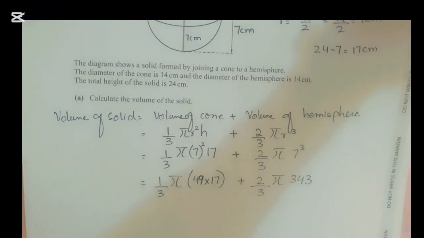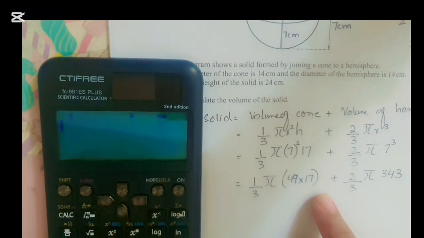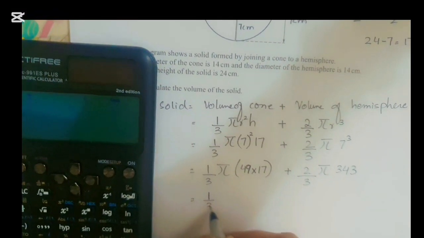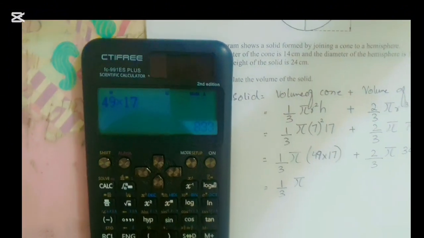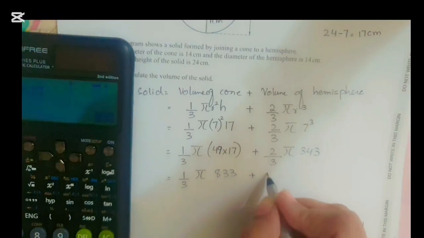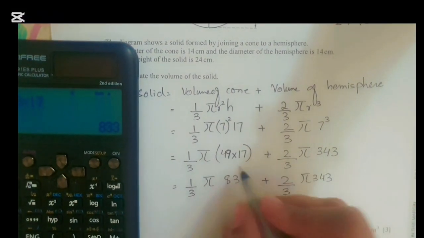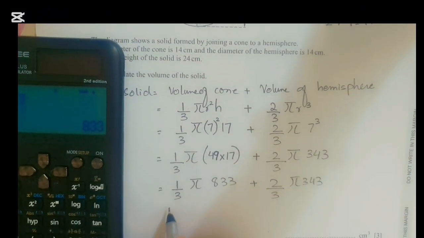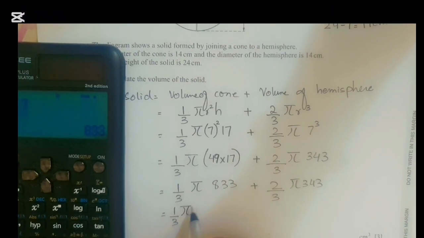Now we have to multiply 49 times 17. First of all, 1 upon 3 pi, 49 times 17, I am using the calculator. So this is 833, plus 2 upon 3 pi 343. In this step I have just multiplied these two numbers and copied everything else as it is. Now see over here, I am taking 1 upon 3 and pi as common.